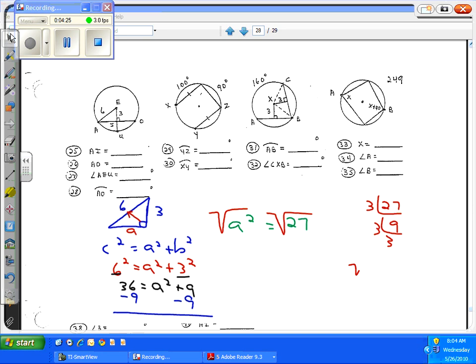Divided by 3 is 3. Rewrite it as the product of its primes. Circle pairs for square root. Make a new radical. From each set, you bring out that number. What wasn't circled in a set goes back in. And so we get 3 square root 3. That's better, isn't it?